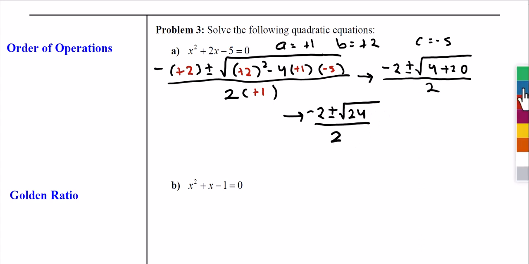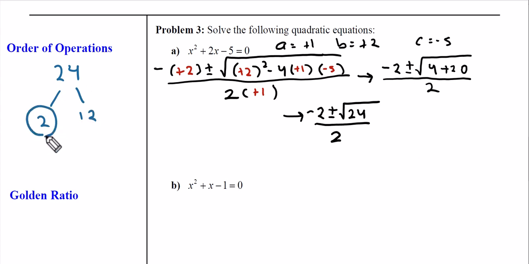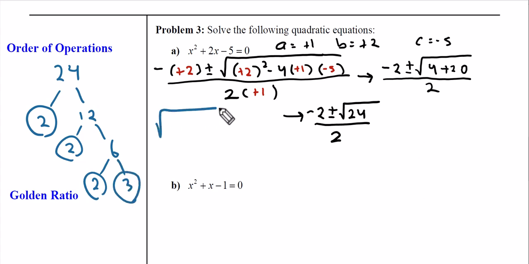Now, we have to take a moment here to pause and look at this 24. And we have to factor that. Do a prime factorization tree. Because I can express 24 as 2 times 2 times 2 times 3. And you've seen this before from me.